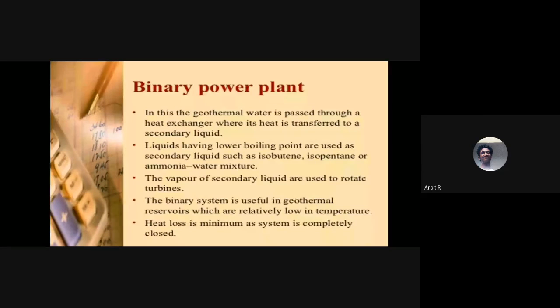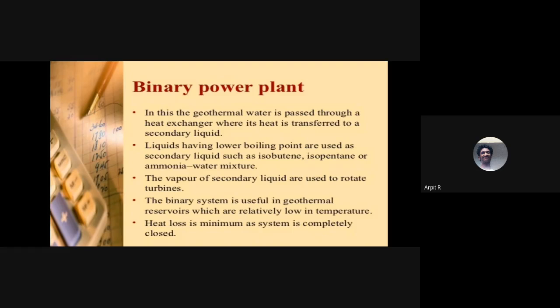Next one, the binary power plant. In this, the geothermal water is passed through a heat exchanger where its heat is transferred to a secondary liquid. Liquids having a lower boiling point are used as the secondary liquid, such as isobutane, isopentane or an ammonia water mixture.